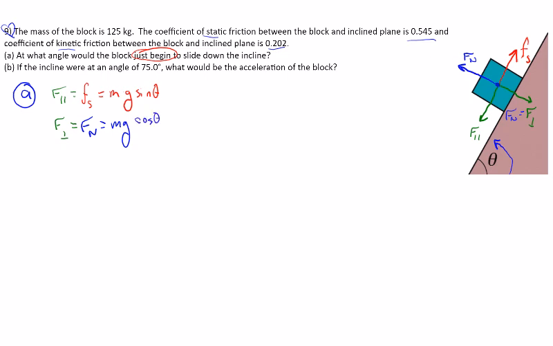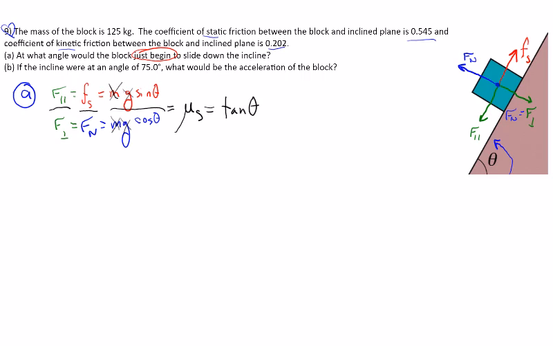And the neat thing is, if you take F parallel and divide by F perpendicular, it would be the same as friction over normal force, which would equal the coefficient of static friction. And then when we did that, we noticed that the m's cancel out, the g's cancel out, and sine over cosine is the same thing as the tangent of our angle. So that's where that came from.